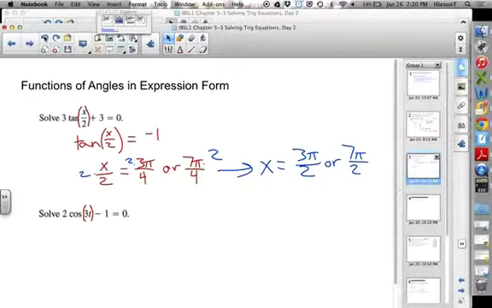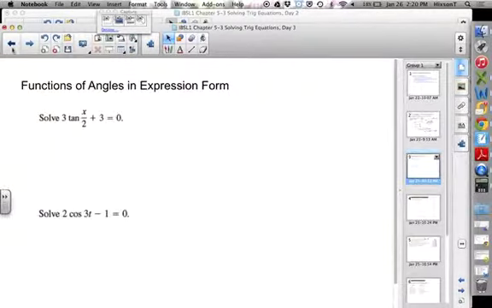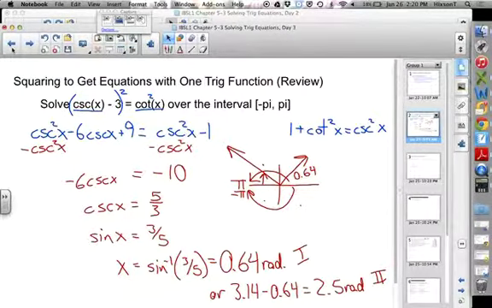But what we have here is a situation where we're going to set it up so that we can get to this point by squaring both sides of the equation. That's what I did here, and we saw that cotangent squared is cosecant squared minus 1.